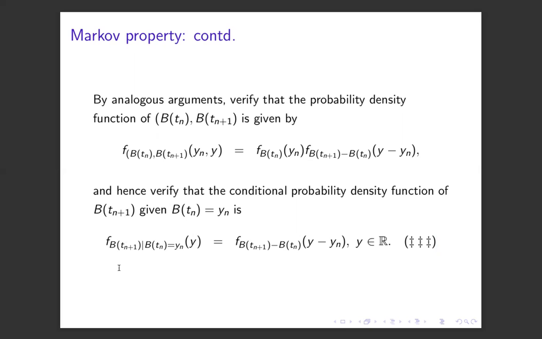So this came with this new notation. This is the conditional probability density function of B_t given B_s equal to x, evaluated at y. It is the density function of B_t minus B_s evaluated at y minus x.